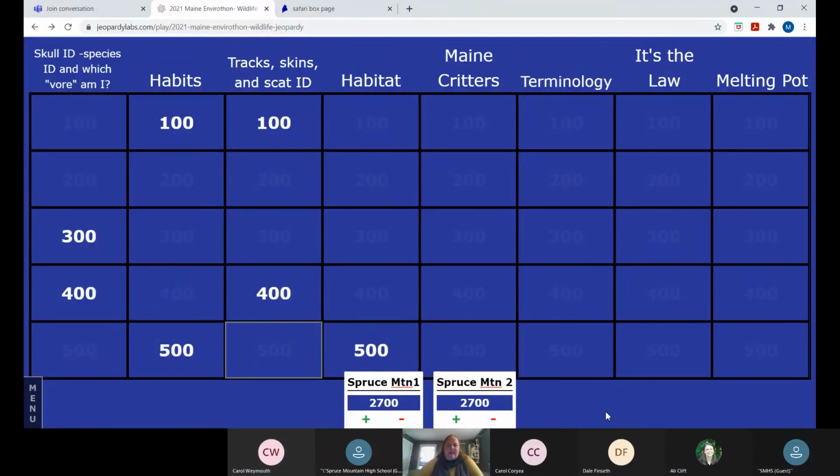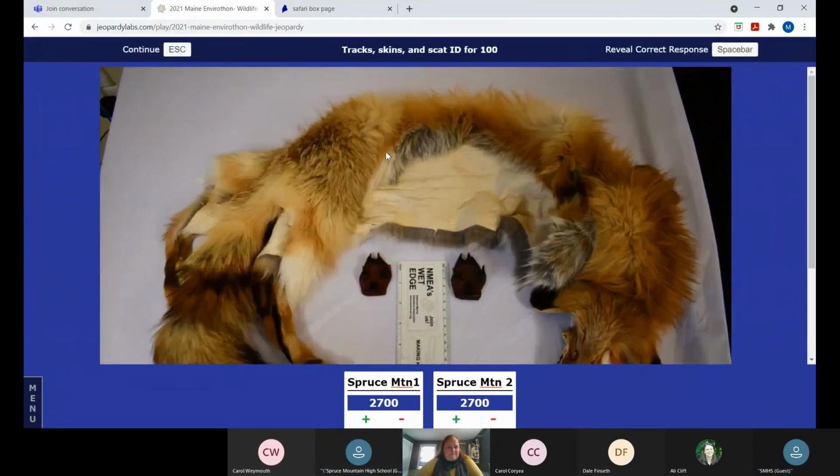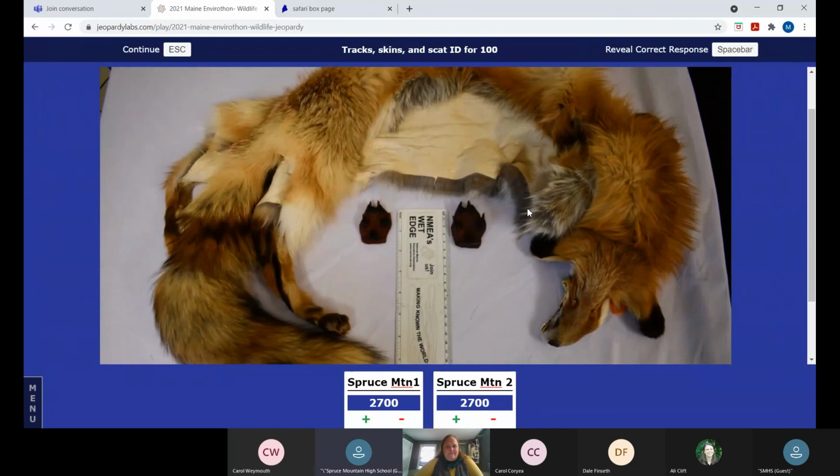Want to leave it as a tie? We went first. I feel like Owen gets one more. Okay, for the win. For 100 to the win, dude. Yeah. Tracks, skins, and scat for 100. Come on, Owen. Red fox, right?